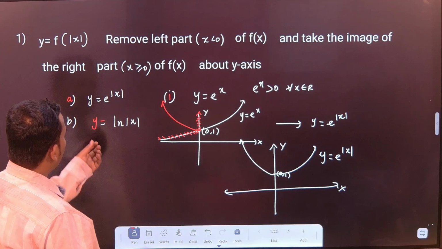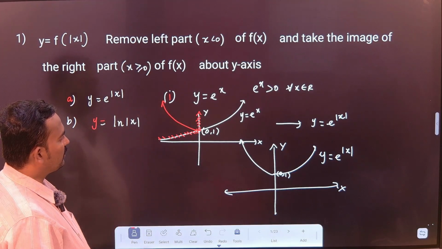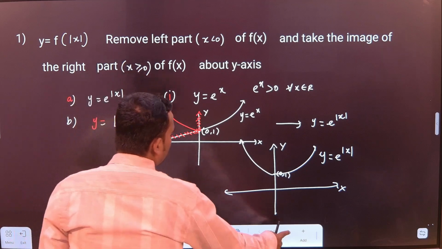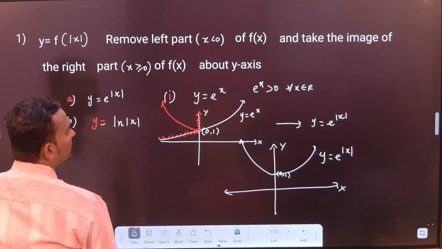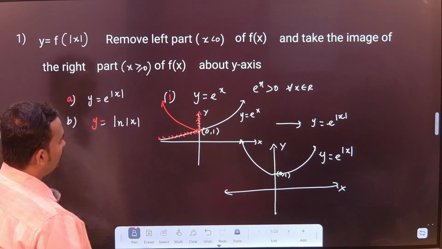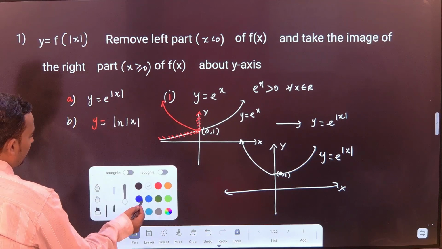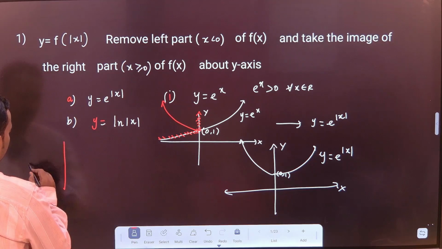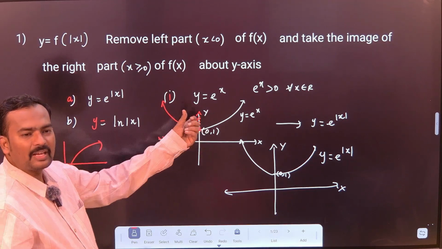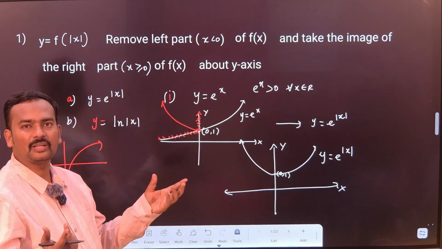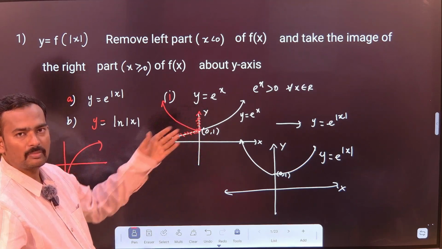Then how to draw the graph of y is equal to log mod x? That is also very simple. I'll try to explain here only. You can see the log x graph is what? This graph. The e power x graph is there now. The inverse process of the exponential is the logarithm, right?